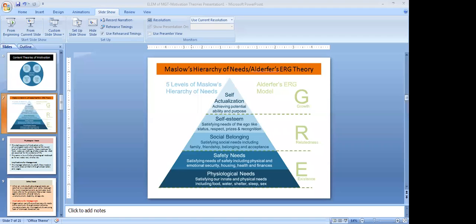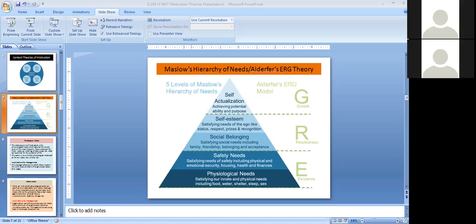And so these needs, according to Maslow, which he has arranged from the bottom to the top, says that at the bottom level of man's need is the physiological needs, which are the needs for food, water, air, clothing, shelter, sleep, and all other things that are essential for the existence of life.